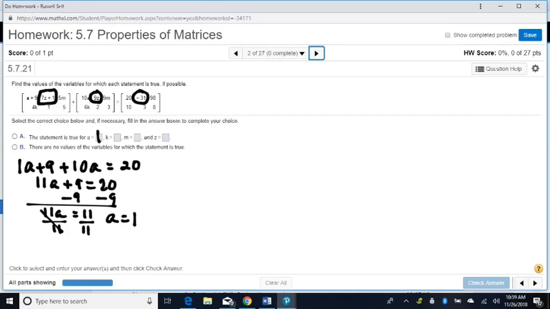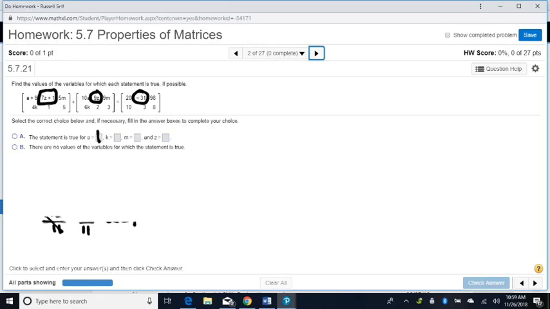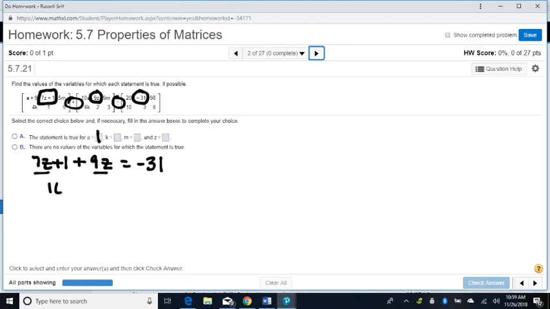So then we'll do this same thing with these. So let's do the same thing. We'll just make an equation out of it and then solve it for k. Okay. So 7z plus 1 plus, we're getting that plus from right there, 9z from the second matrix equals negative 31. And so all I have to do is then combine my like terms. So that gives me 16z's plus 1 should equal negative 31. Get the z by itself by subtracting 1.